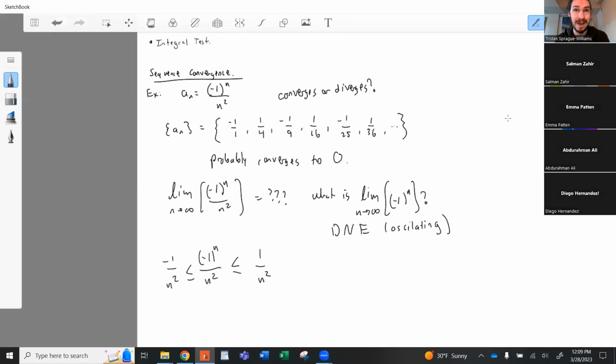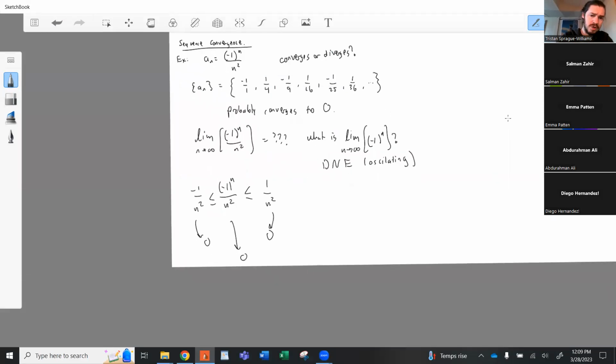It never ends up being genuinely between them. But if you write the inequality with less than or equal to, then it is a valid inequality, right? Like, this is true. It's either equal to this or it's equal to that, right? But this remains true. So yeah, you can use squeeze on this, and this approaches 0 and this approaches 0. So this guy approaches 0 by the squeeze theorem.